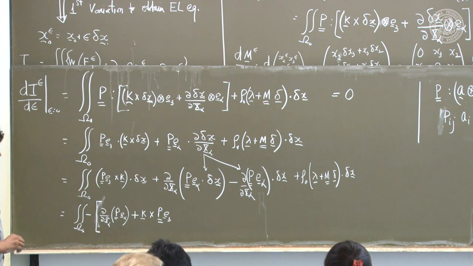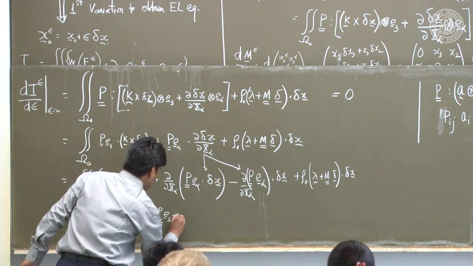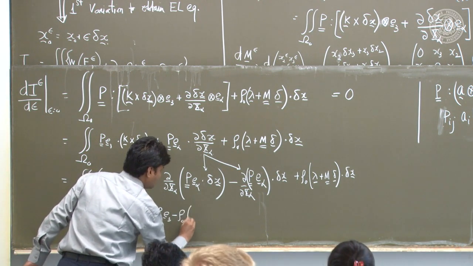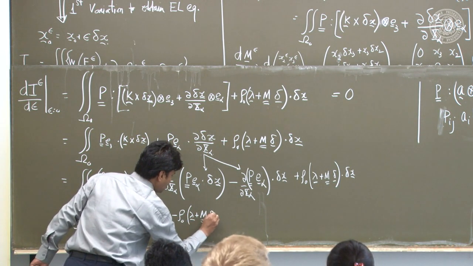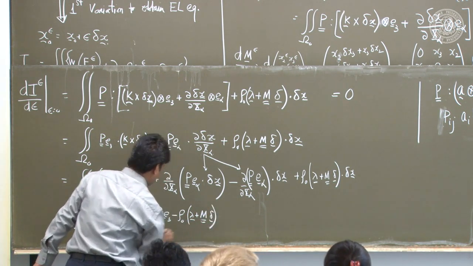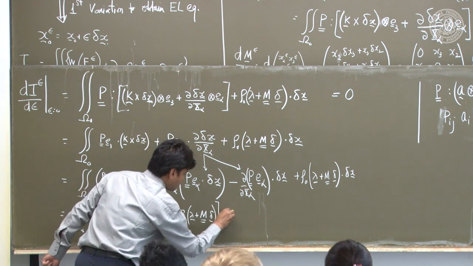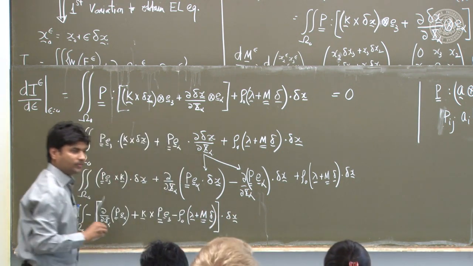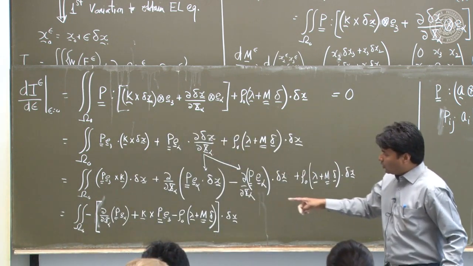Okay. And the last one, minus rho naught lambda plus m delta, and then the whole thing is dotted with del x. So, that is one term, and look at this term.